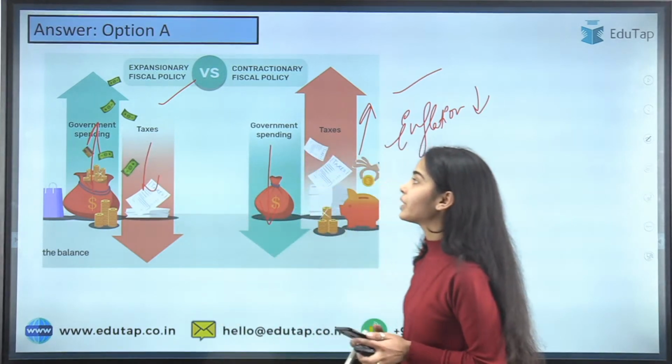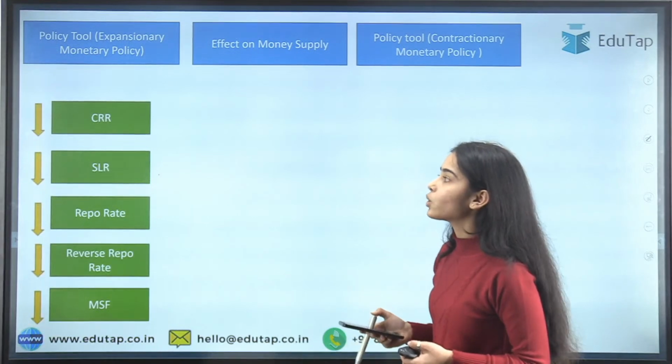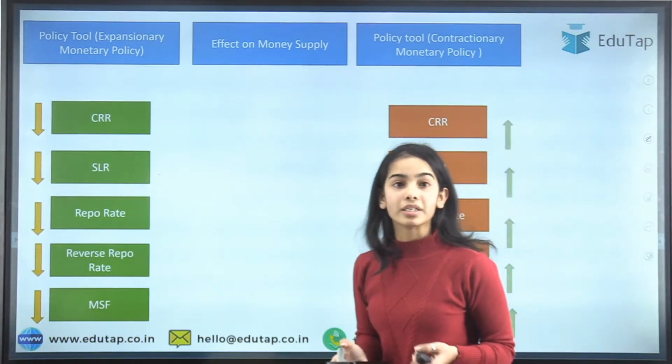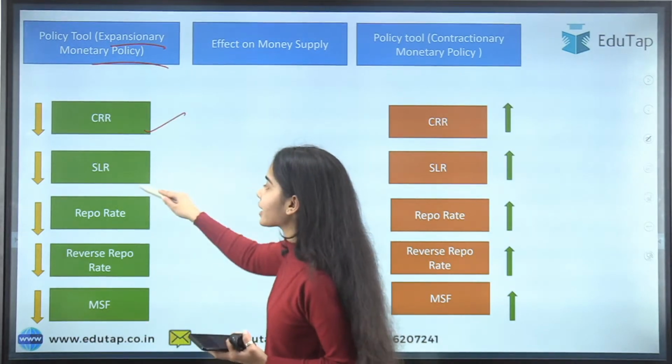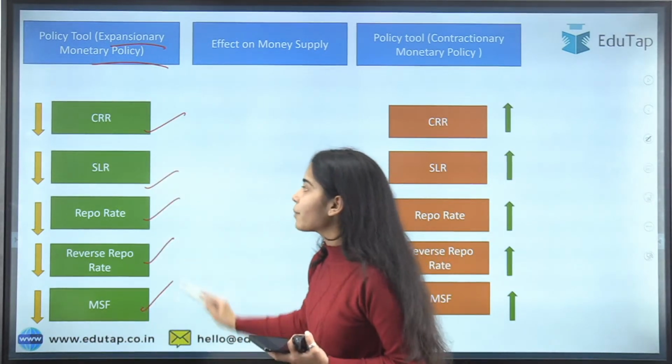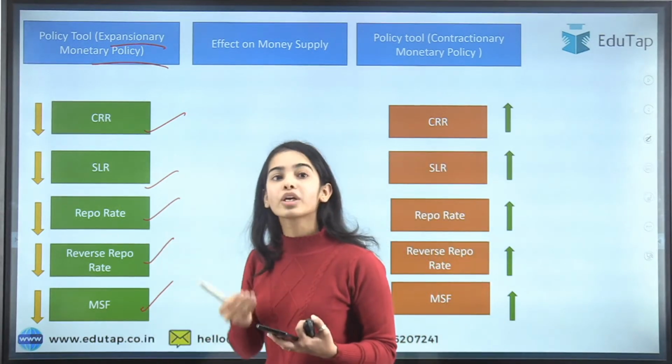Next, I have given the monetary policy here also, so that you can easily remember. In the expansionary monetary policy, the CRR, SLR, repo rate, reverse repo rate, and MSF decrease, so that the banks have more money to give loans.